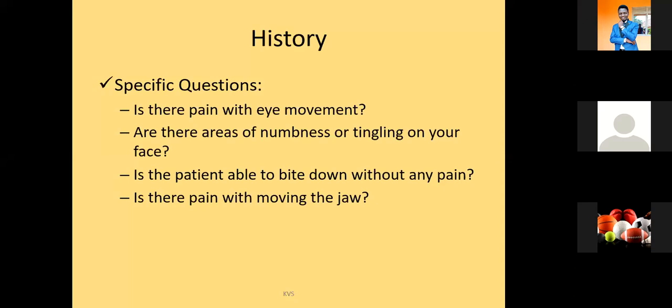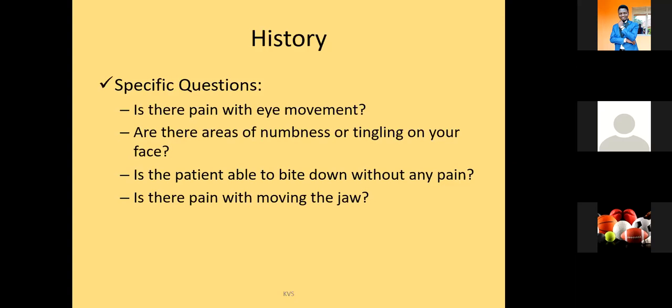So are they experiencing numbness, tingling sensations in the face? And when you ask them to close their jaws, which is usually simple, you just ask them, maybe you first ask them to close their mouth, and then secondly, tell them, please bite your teeth together. Just simple instructions, okay?